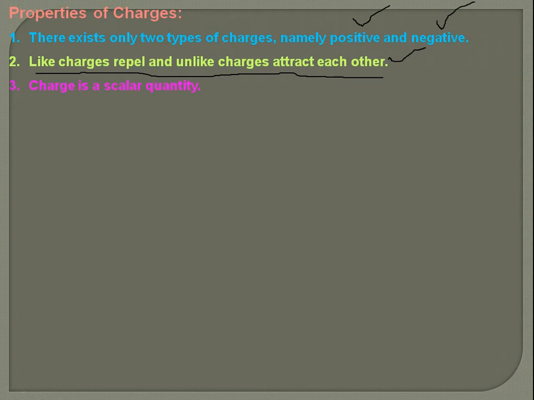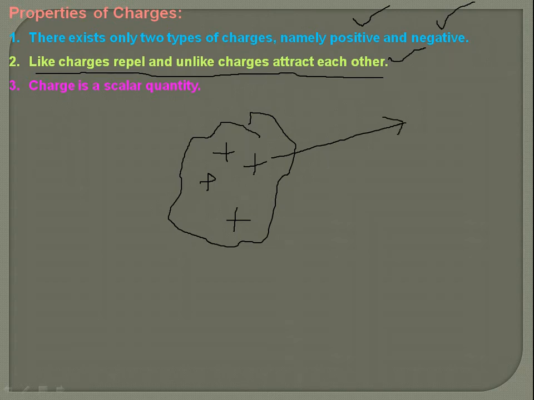The next, third property says charge is a scalar quantity. It is also a very basic one, that if any body gets charge, then that charge does not require any direction for its representation. You cannot say that this body has positive charge in this direction, this body has positive charge in this direction.